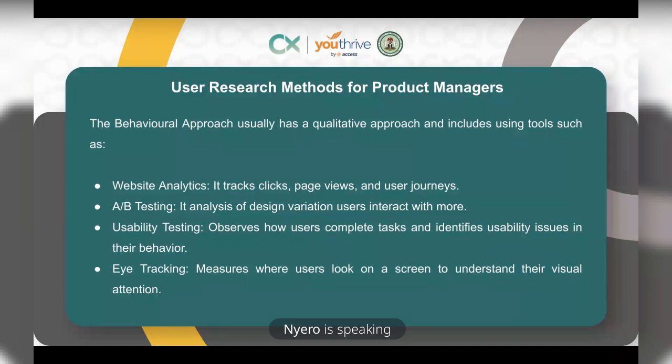So if your product is maybe an e-commerce product and you're trying to track certain analytics on your web page or on your website, right? Like an e-commerce product, which is exactly what an e-commerce will track. You can use website analytics to monitor your users' behavior. A/B testing, we're going to learn about A/B testing in week 8. It's a type of user research method, but it is the analysis of design variations by users.